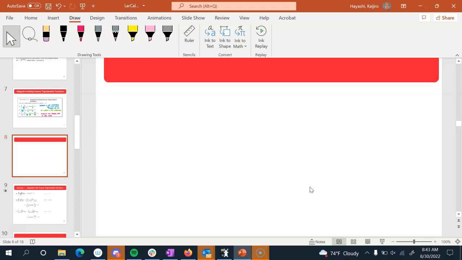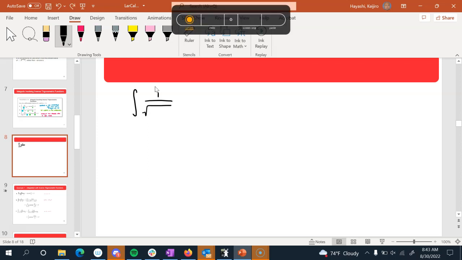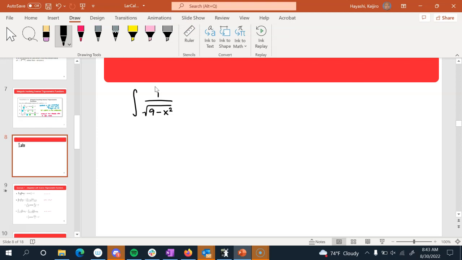Okay, so you do not have to write this down. But let's say you wanted to take the integral of 1 over the square root of 9 minus x squared.